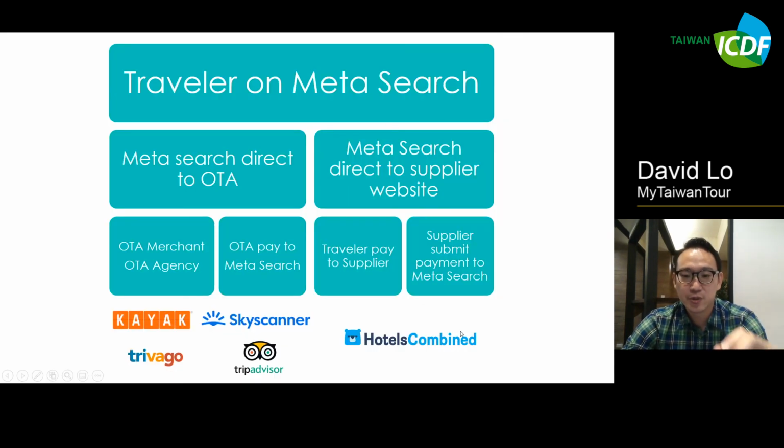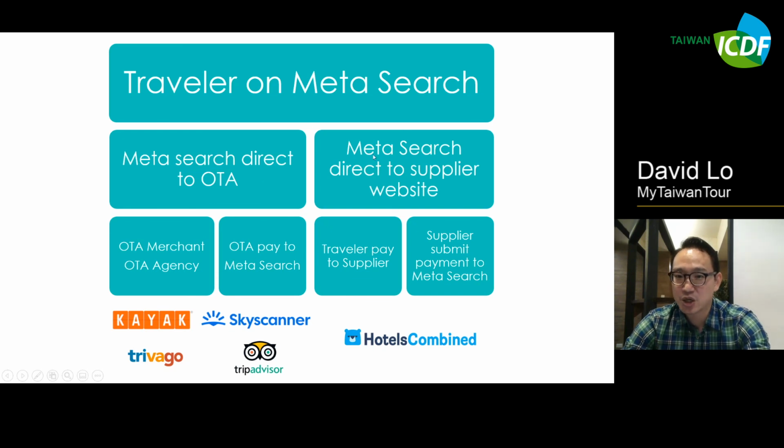It could be a little confusing, but for these two different models: meta search to the OTAs means meta search acts as an entry door to help the OTA get business, so they pay an agency fee, or a transaction middleman's fee, as payment.